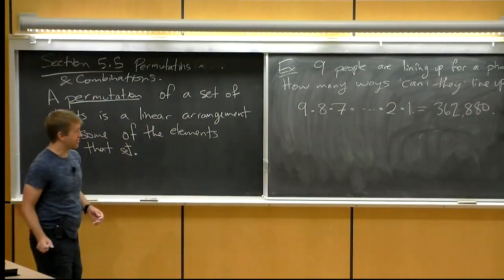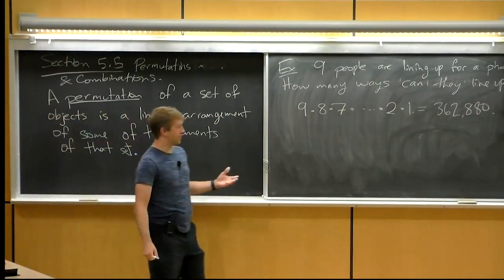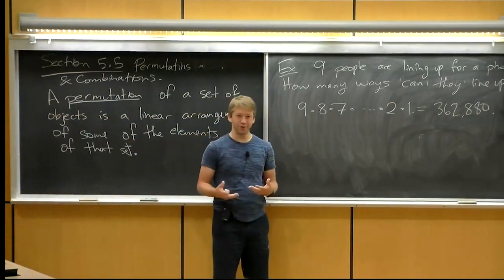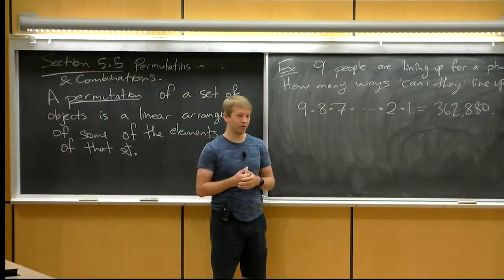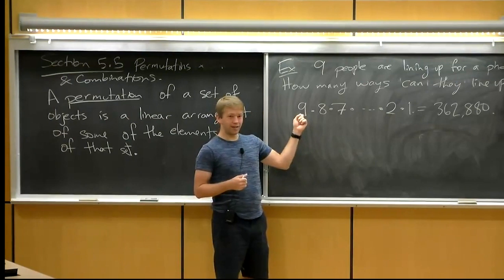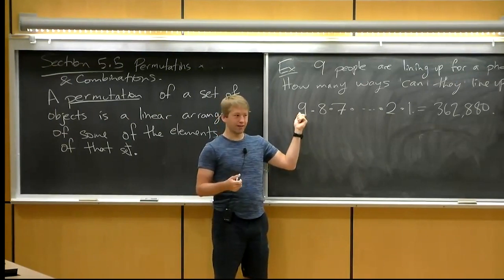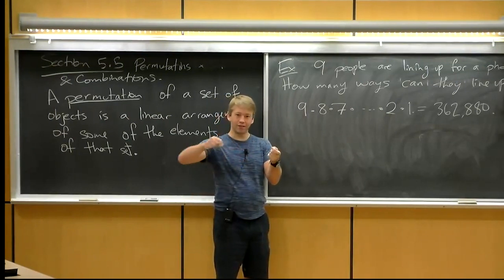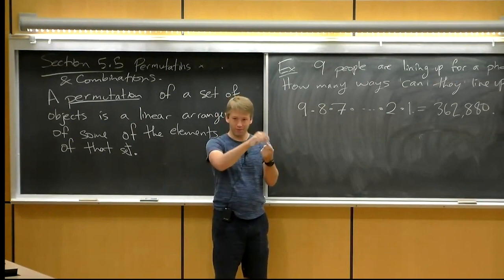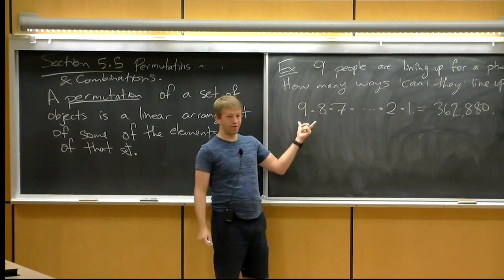Yeah, exactly. So that's actually what I was about to do, is introduce this notation. You've probably seen it before, though. So if I take an integer like 9, and I multiply all the integers from 9 all the way down to 1, we call that a factorial.